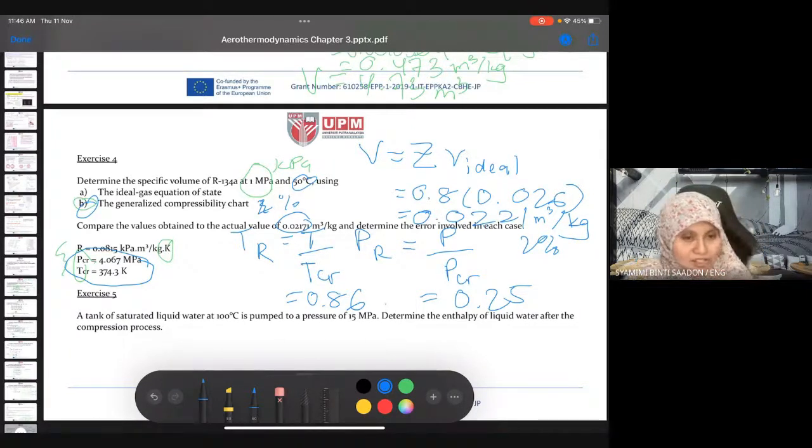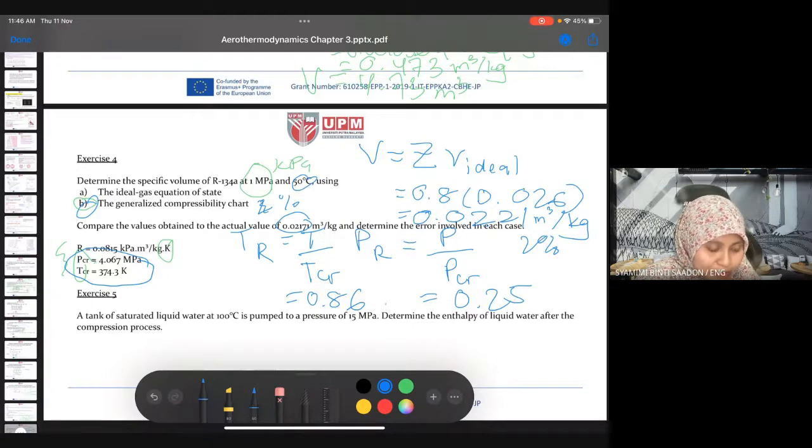So this example is just to show you that by using the Z factor, our calculation gets closer to the actual value, because the error is around 2%, less than the 20% just now. It shows that the ideal gas equation of state has some errors.